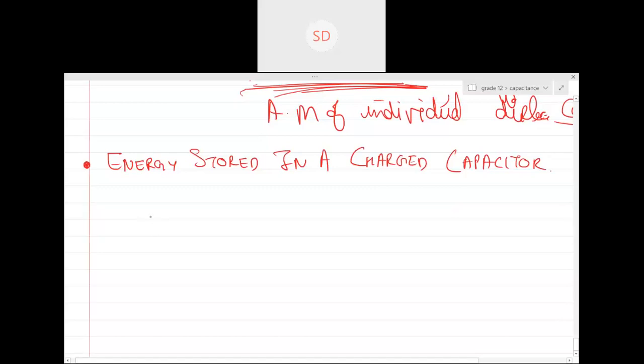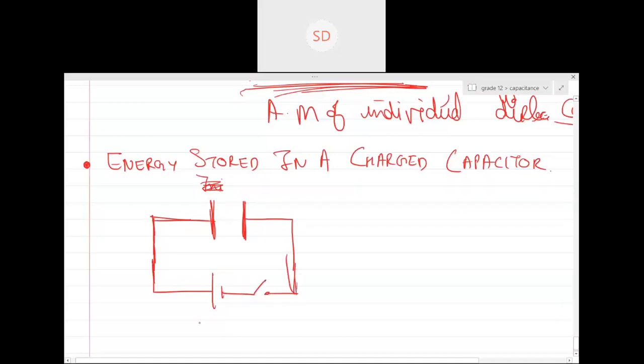So suppose I have a capacitor, initially uncharged. This is the initial case, when the charge on it is 0. This is what I'm assuming. It's not necessary that the charge should always be 0.